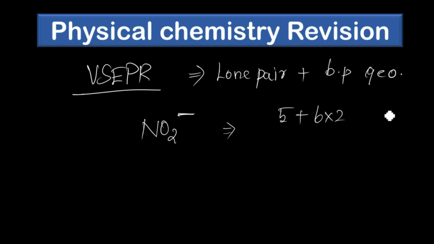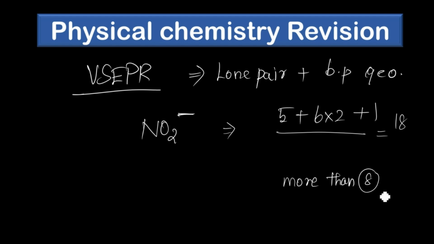The overall charge is minus, so I'm adding 1 electron. 12 plus 5 plus 1, 18. If the number is more than 8, then you have to divide it by 8.